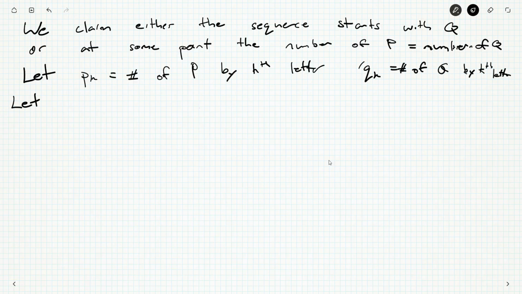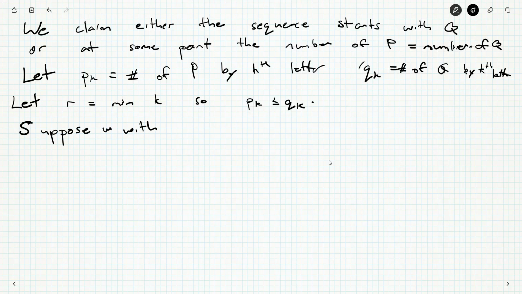Okay, so I already use M and N, and I'm using K in a very generic sense here, so I'm going to let R equal the min K so that PK is less than or equal to QK. Okay. Now, suppose we don't start with Q. So R is not equal to 1.